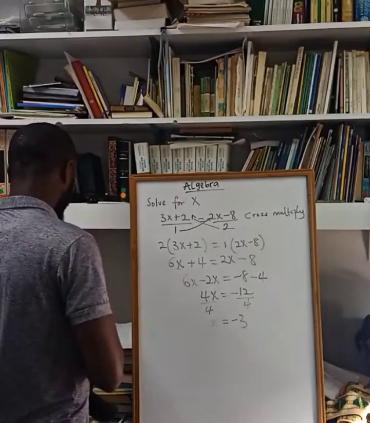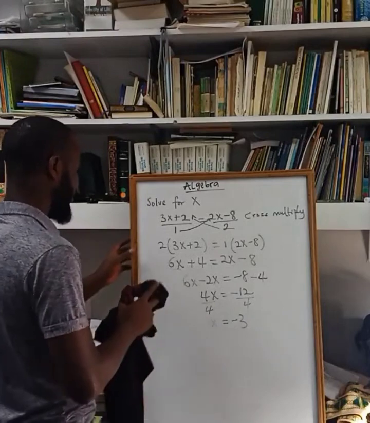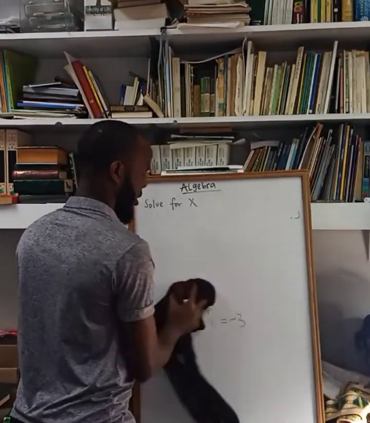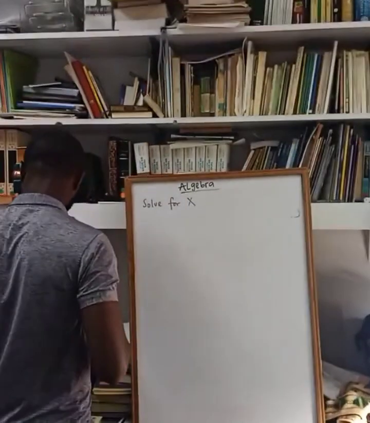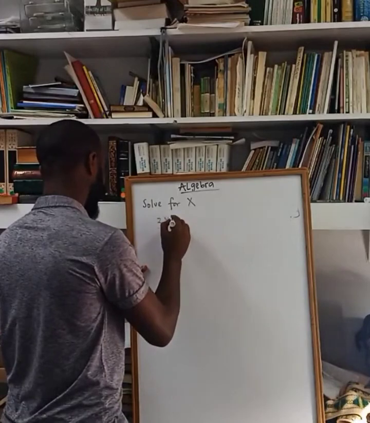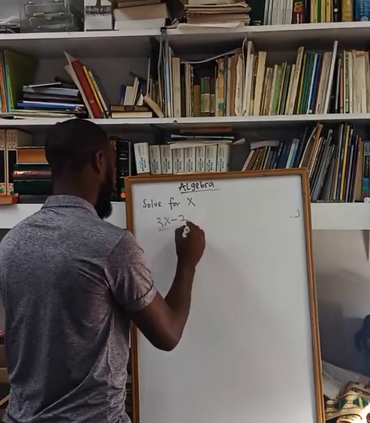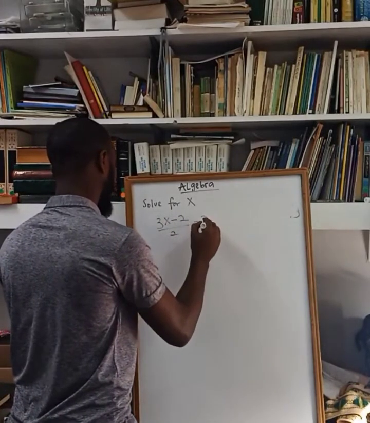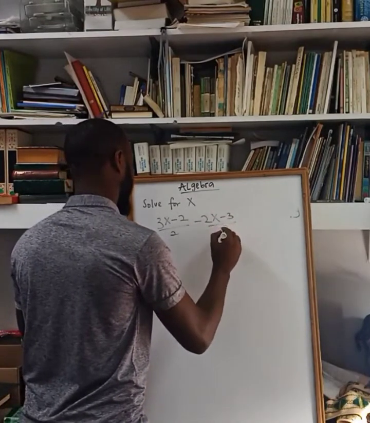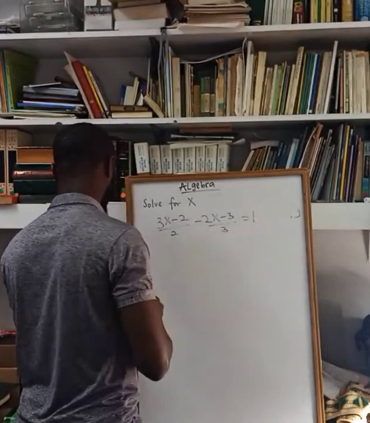And another example I'm going to have after this is (3x - 2)/2 - (2x - 3)/3 = 1.